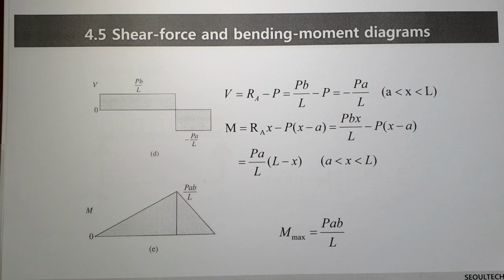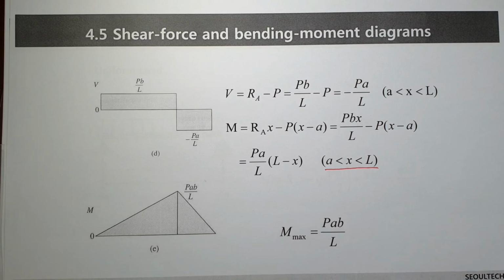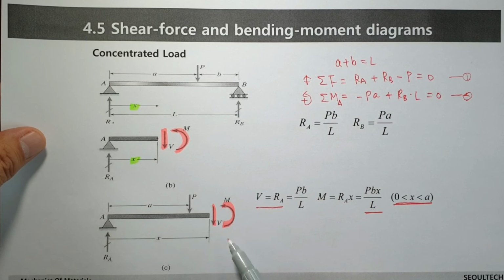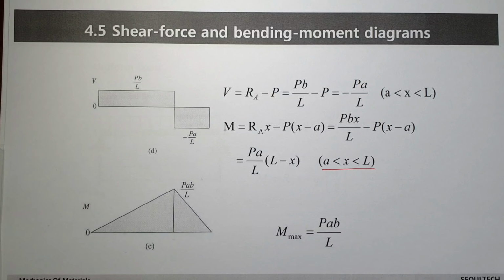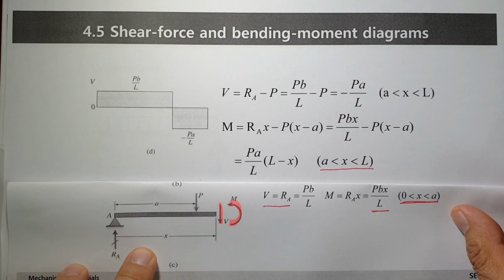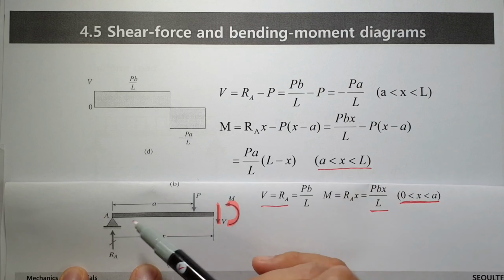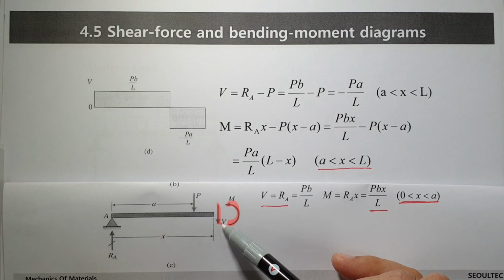Next, we can calculate on the right side. When X is located in this range, we can apply this relationship, then RA minus P equals V. So we have three different cases, this being 3-1.